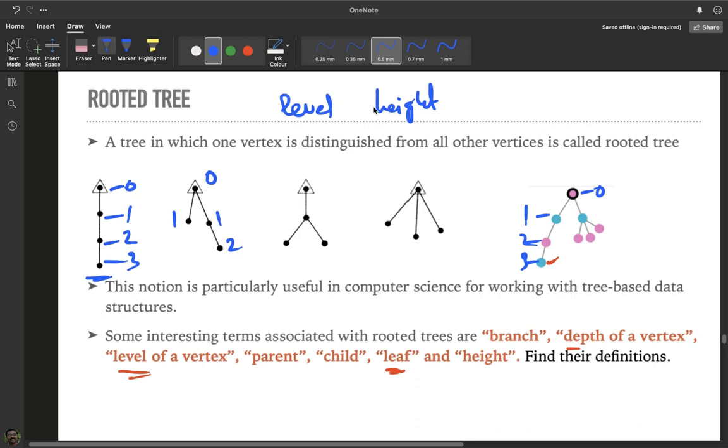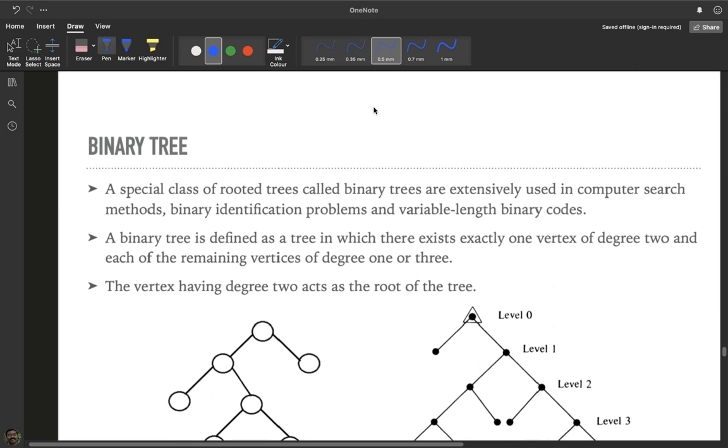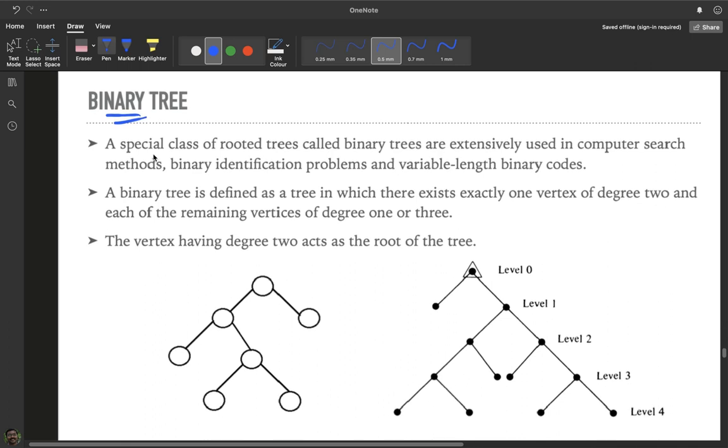Now we will study a particular class of rooted trees called binary trees. The binary tree is defined as a tree having exactly one vertex of degree 2, and each of the remaining vertices has degree 1 or 3.